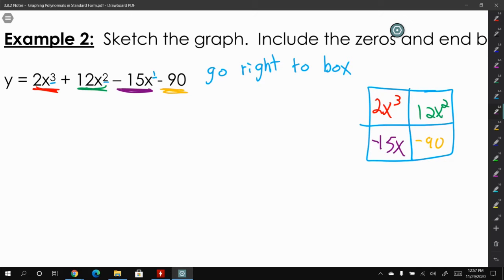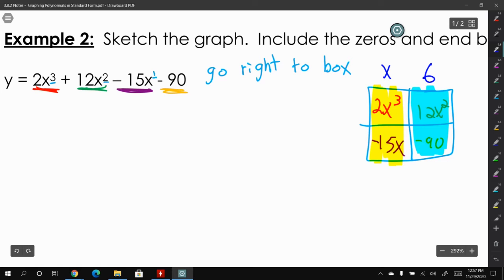So then we're going to do the same thing we've been doing, looking at the first column and say, well, they don't really have any numbers in common, but they have an x in common, so let's factor that out, x. And then looking at the second column and say, well, what do those two numbers have in common? Well, you can divide both of those by 6.